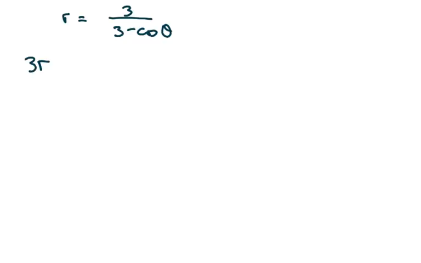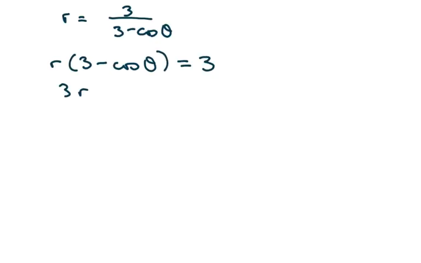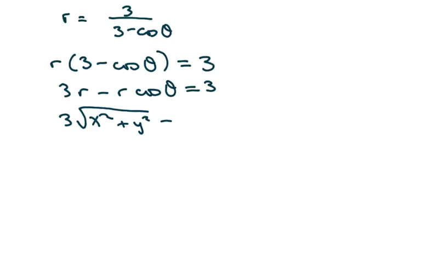I'm just going to do it this way. r times 3 minus cosine of theta equals 3. And this is 3r minus r cosine of theta equals 3. So we have 3 square root of x squared plus y squared minus x equals 3.